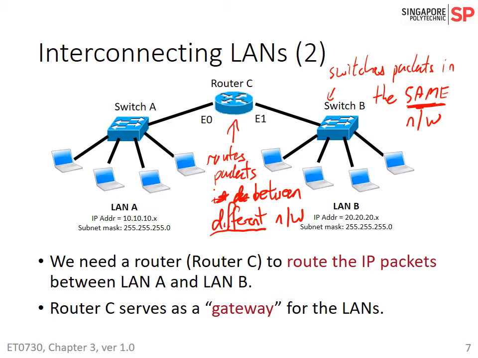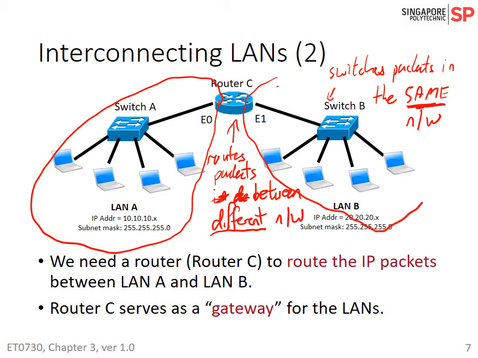Based on this topology and based on the definition, in this topology we'll have 2 different networks. This will be the first network called LAN A. This will be another network called LAN B. So a router connects the different networks together so they can route packets from one network to another network.